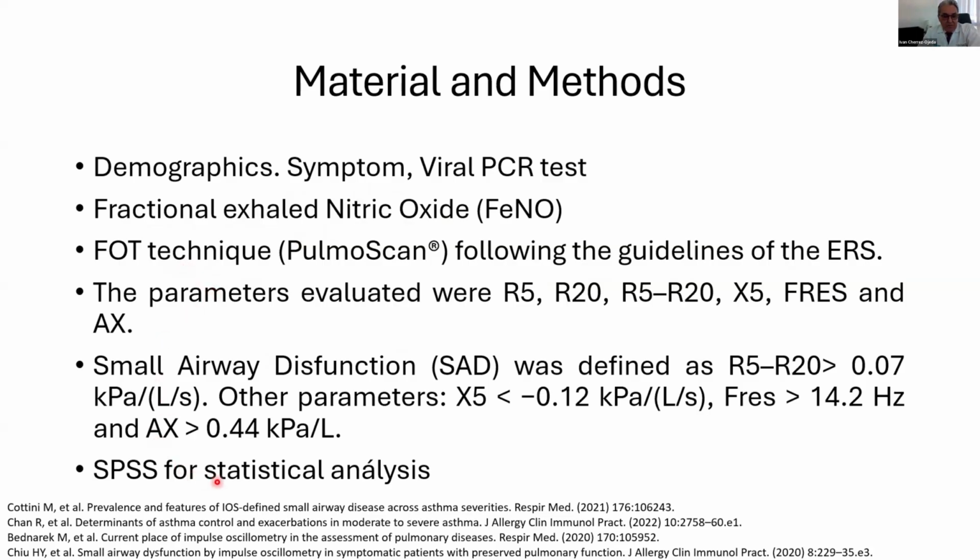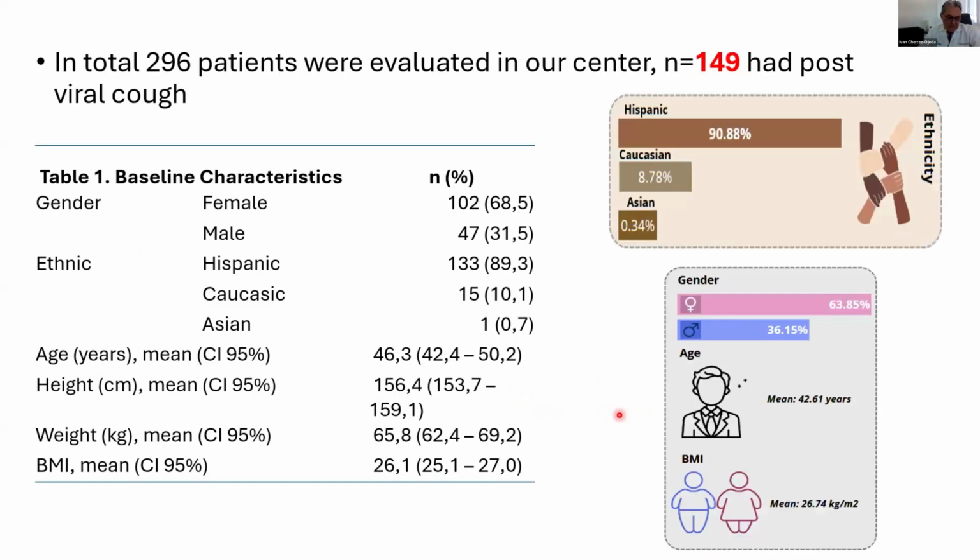For statistical analysis, we used SPSS, and we defined small airway dysfunction if the R5-R20 is more than 0.07, the X5 less than minus 0.12, the frequency of resonance more than 14.2 Hertz, and the area under the reactance curve more than 0.44 kilopascal. It is a pleasure for us to present our preliminary results.